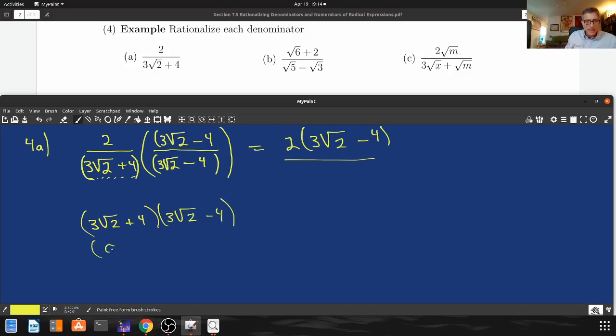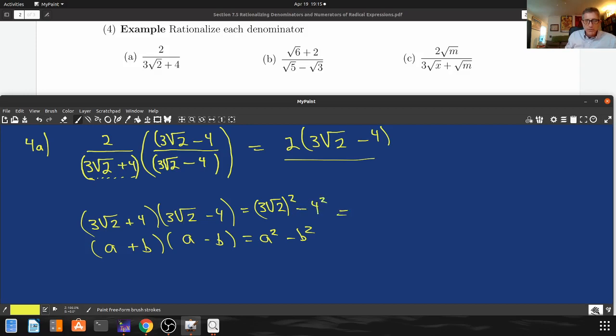So that's like a plus b times a minus b. And we know this is equal to a squared minus b squared. So since a is 3 on the square root of 2, this is equal to 3 on the square root of 2 squared minus, and our b is 4 squared.